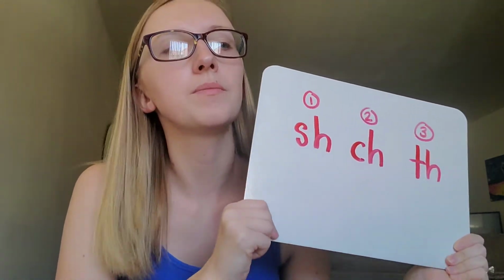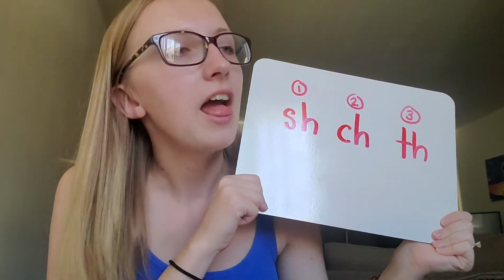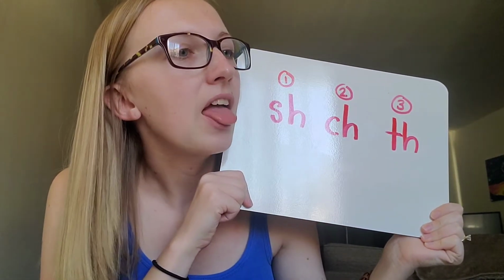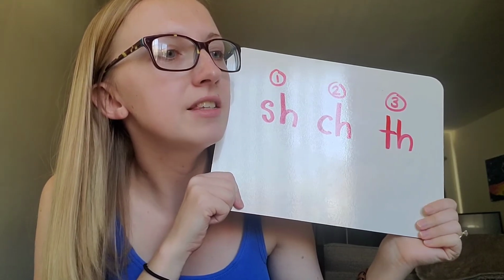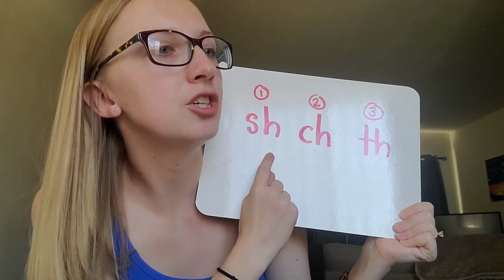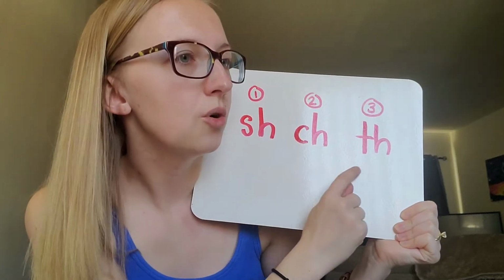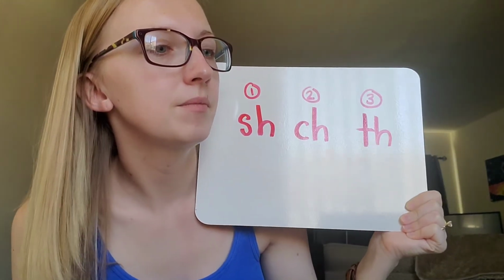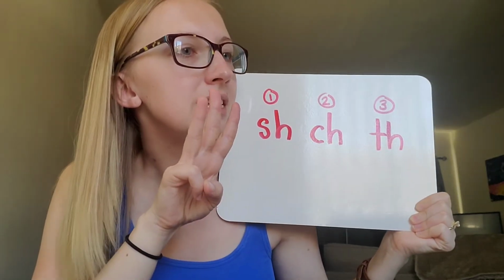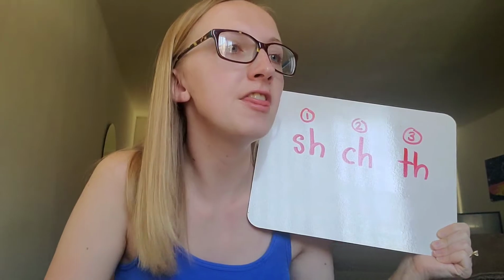Shelf. Okay, we have 2 more words. What about the word this? This. Think about it. Do you hear sh, ch, or th? This. Sound number 3, th, because th can either go th or this.